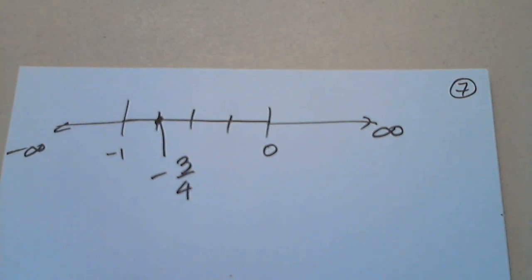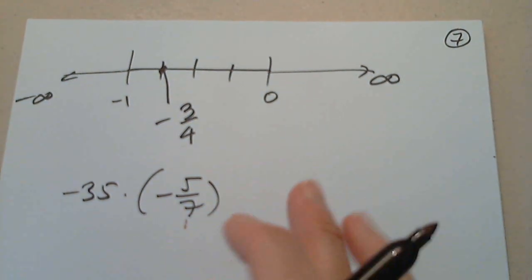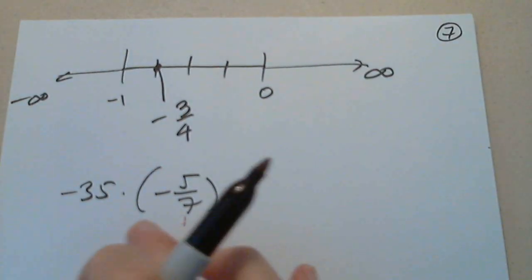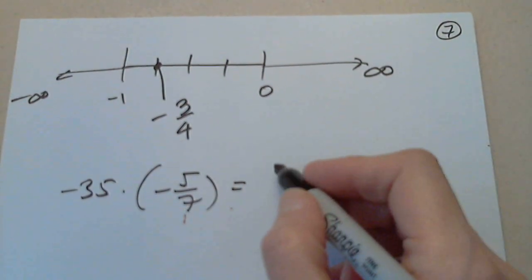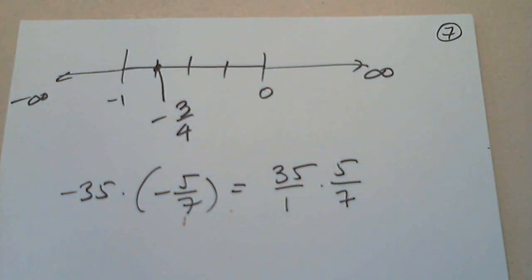Okay, multiply. We know how to multiply. Here, what I would do, I would put the 35 or -35/1 first. So let's do this one: -35 and -5/7. First of all, I will take care of the sign, always. I multiply two negative numbers, so the answer is positive. So this is now 35 over 1 times 5 over 7.